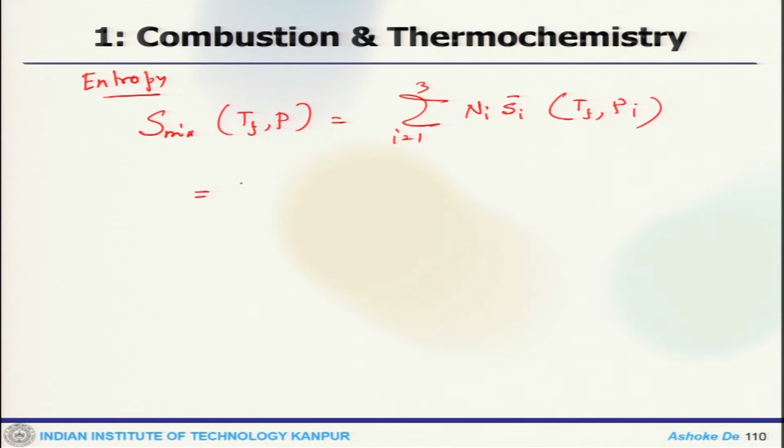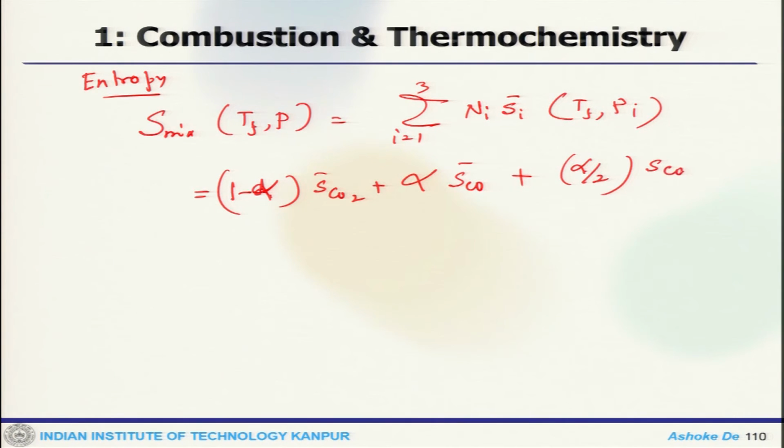So, this will get you 1 minus alpha into S CO2 plus alpha S CO plus alpha by 2 S O2.